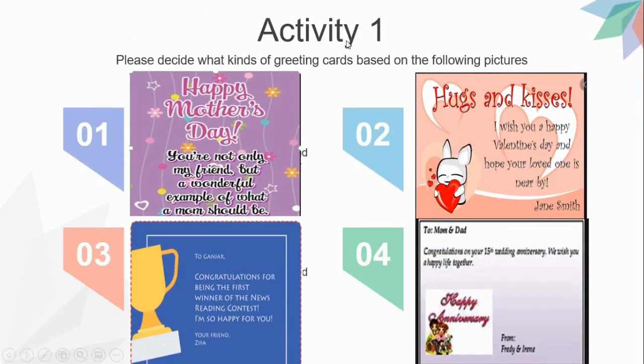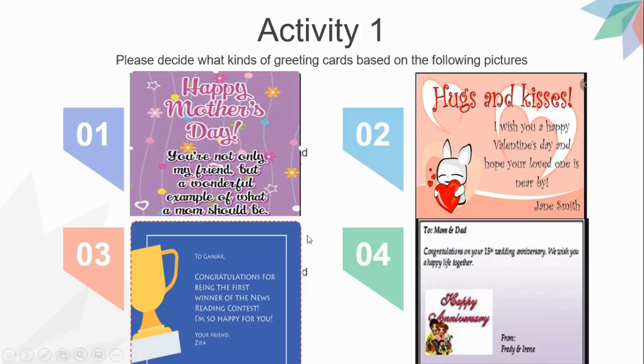activity. So in the while-teaching activity, activity 1: please decide what kind of greeting card it is based on the following picture. So previously, we mentioned that with the indicator, the students could identify many kinds of greeting cards.